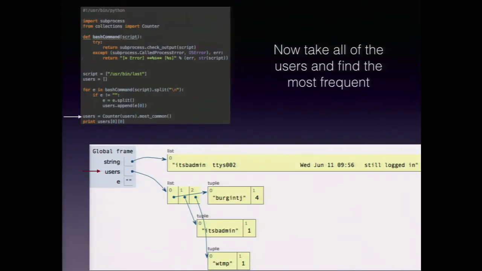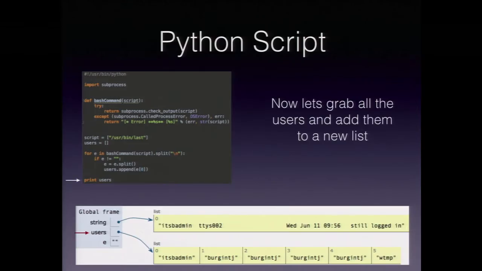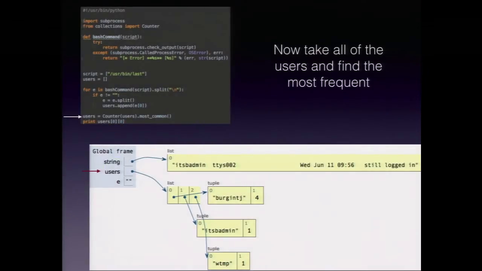So we have a list of every item in the user list that we passed in before, and it counts how many times each of those items is in there. So Burgin TJ was in there 4 times, ITSP admin was in there 1, and this is just the bum part of the last command that we don't want.